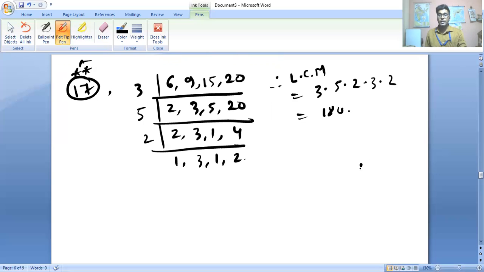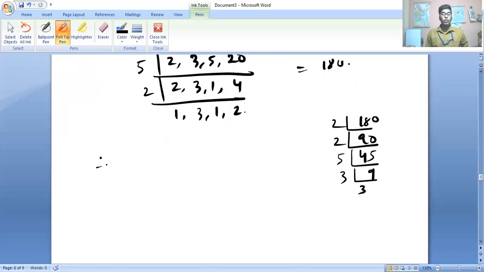So now let us factorize 180. Therefore, 180 can be written as 2 square into 3 square into 5. Clear or not?